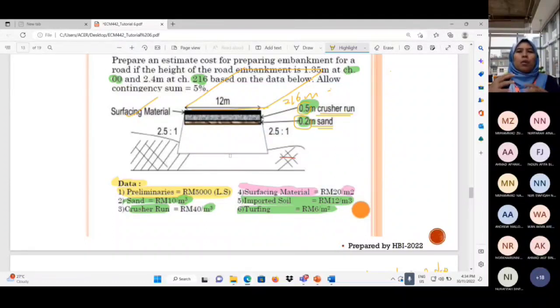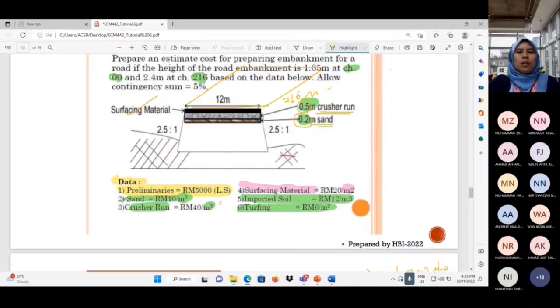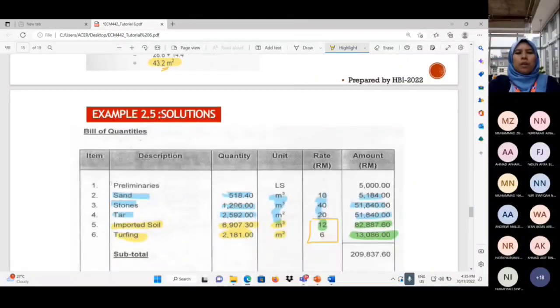So what are the preliminary works for this kerja? Mungkin kerja-kerja yang melibatkan site clearance, mobilization of equipment, machineries ataupun setting out dan sebagainya. Pengiraannya dibuat secara lump sum. So LS stands for lump sum. Jangan tertinggal. Dimasukkan dalam lump sum and then 5,000.